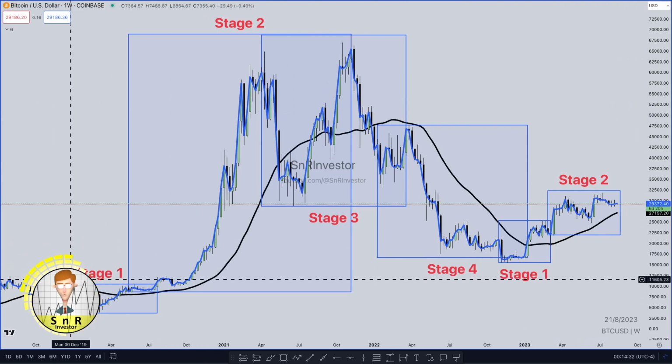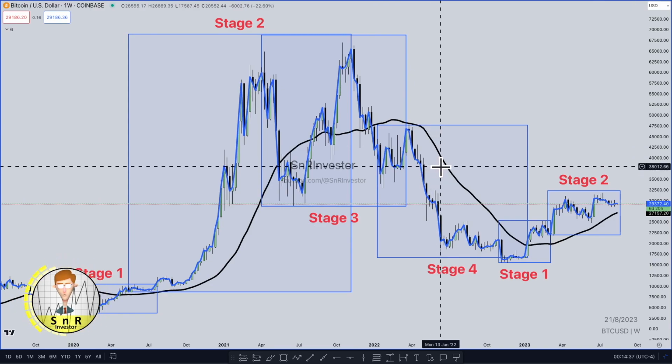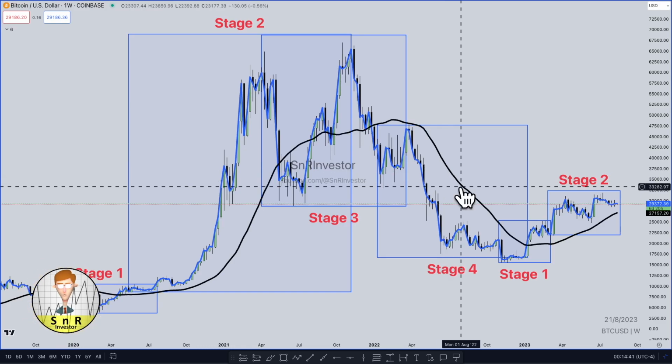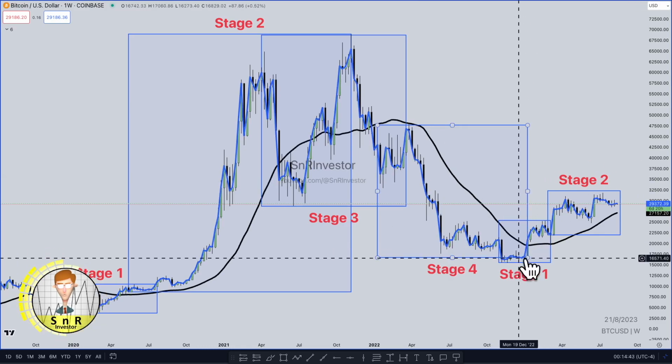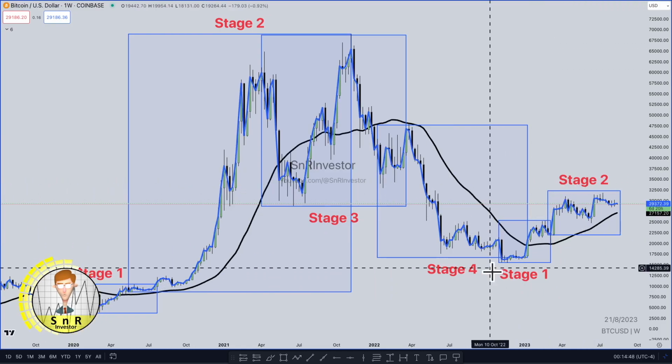So looking at how the 30-week moving average slopes can give us an added indication of the stage that we are in if the transition happened very quickly between stage 4 to 1 to 2, as you see over here.